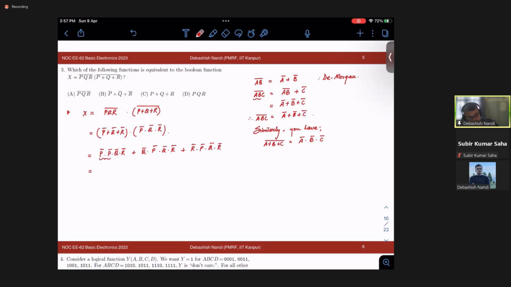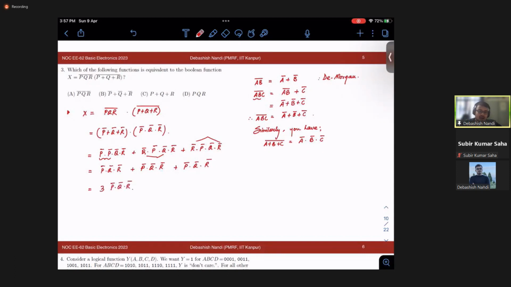It is nothing but P bar only. So P bar, Q bar, R bar. Again, Q bar, you will have Q bar. So I can write it in this form. Similarly, we have R bar. So we can write it as P bar, Q bar, R bar. So what will be this? This will be 3 P bar, Q bar, R bar.